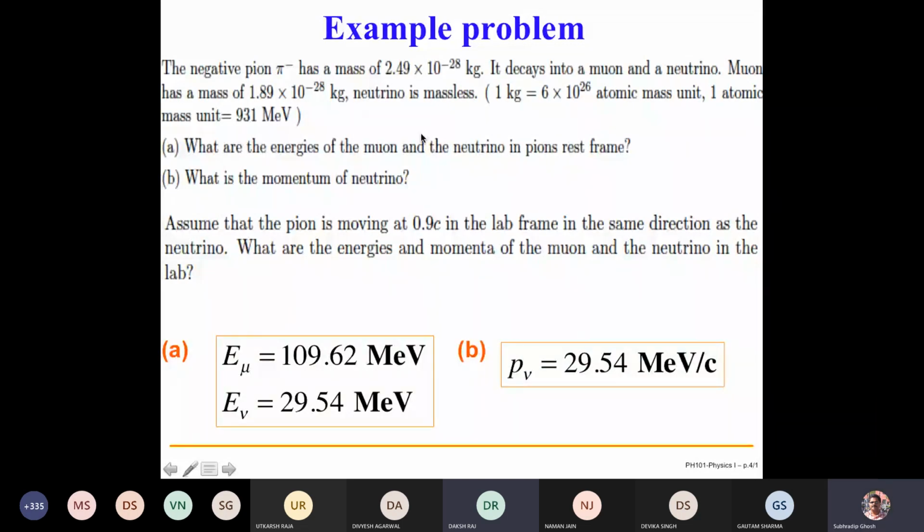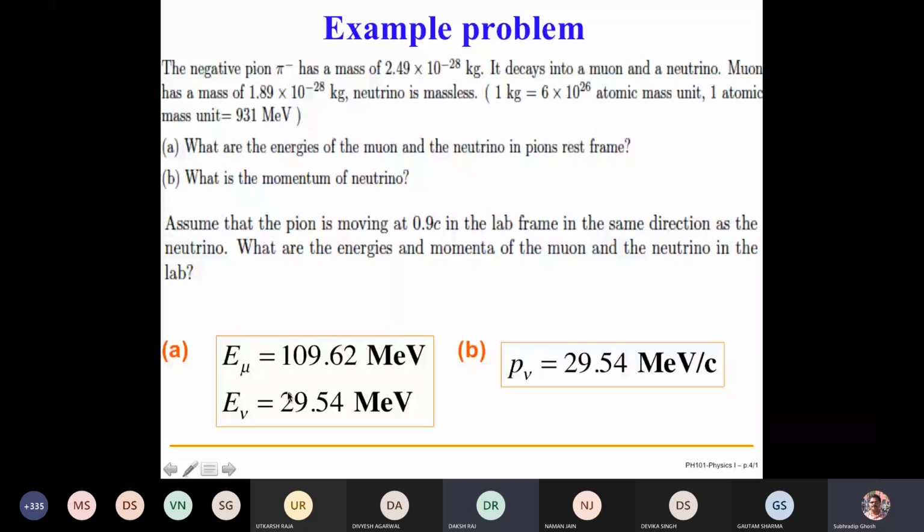What are the energies of the mu1 and the neutrino in the pion's rest frame? The mu1 and neutrino are not at rest in the pion's frame, but the pion's rest frame means the pion has no motion there. And what is the momentum of the neutrino? I'm sure if you have done the tutorial, you have gotten these answers. So I'm simply writing down these answers.